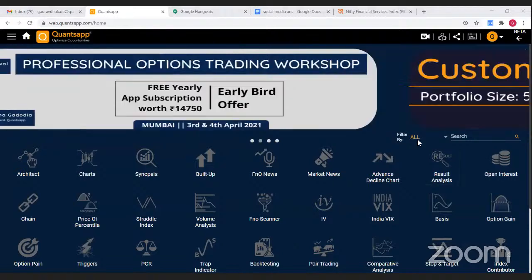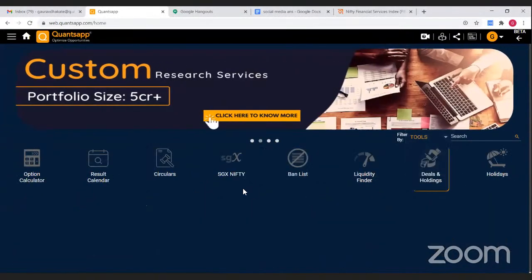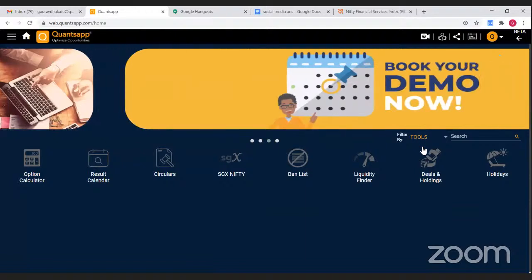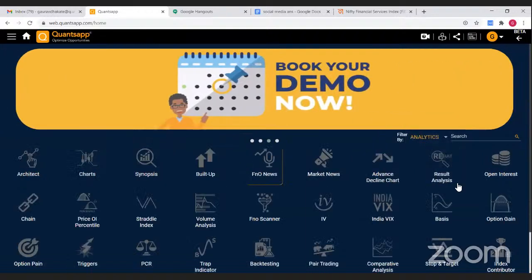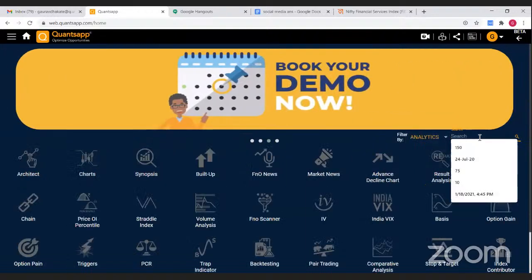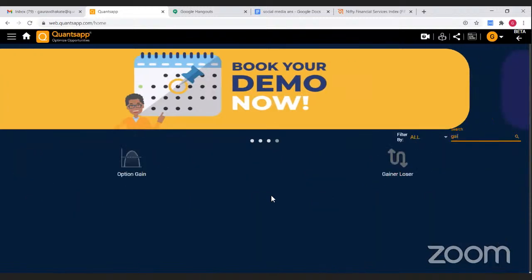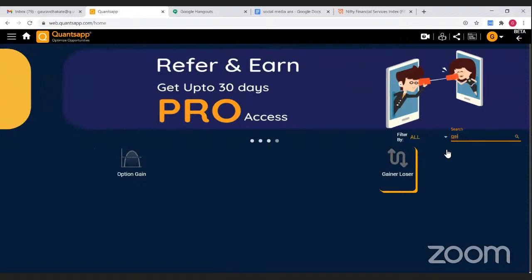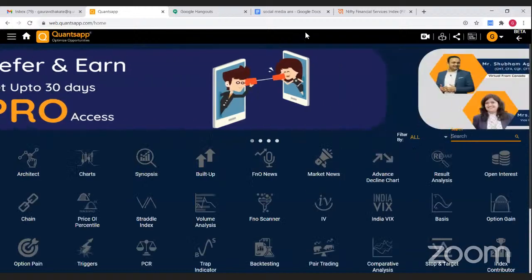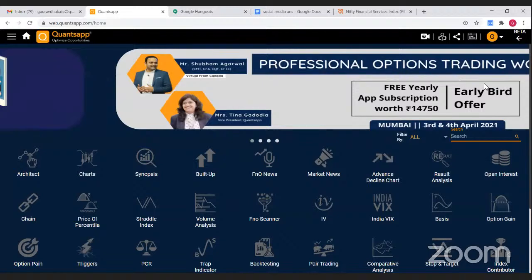You can also filter by tools if you want to see the additional tools or the analytical tools. Or you can search for a particular tool here as well. Suppose gainer and loser, as soon as you start typing, you will get the tools accordingly.